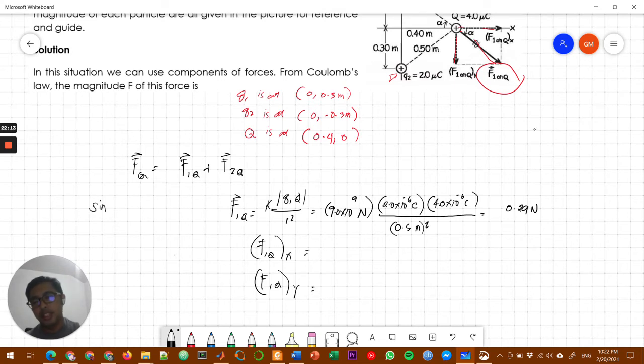You have sine alpha equals opposite over hypotenuse. Then we have opposite over, oh, this is not opposite, this is now adjacent.